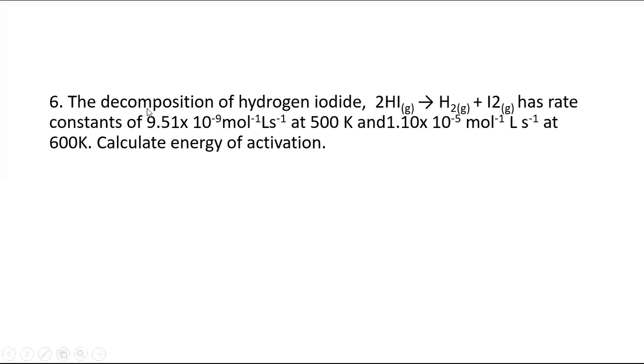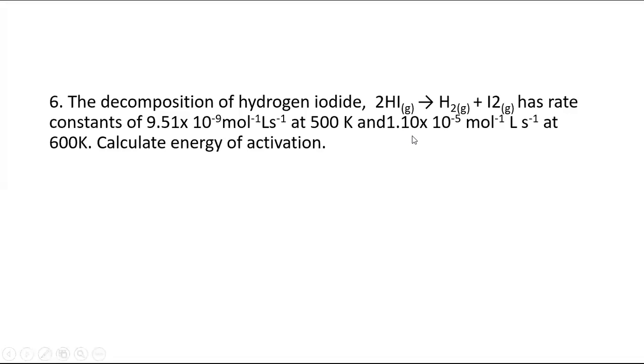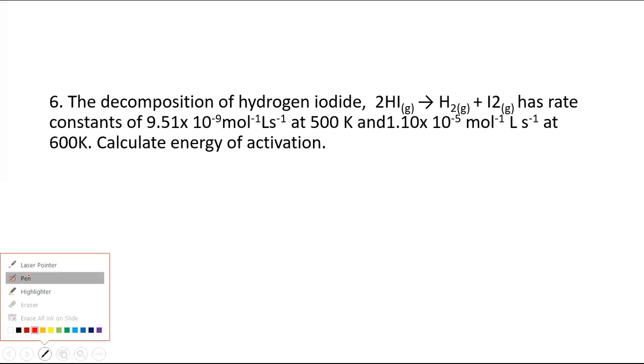So the question: the decomposition of hydrogen iodide, the equation is given, has rate constants of 9.51 into 10 to the power of minus 9 per mole liter per second at 500 Kelvin, and 1.10 into 10 to the power of minus 5 per mole liter per second at 600 Kelvin.